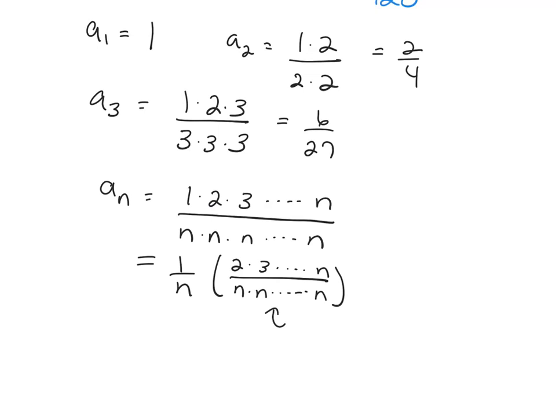If n is 3, it's 2 times 3 over 3 times 3. The numerator is smaller, right? And after that, if you plug in n equals 3 or 4 or 5, the numerator's smaller. So this number in the parentheses is at most 1. It was 1 when I plugged in n equals 2, but after that it was smaller than 1.